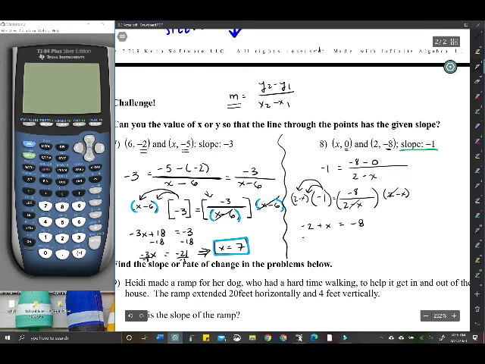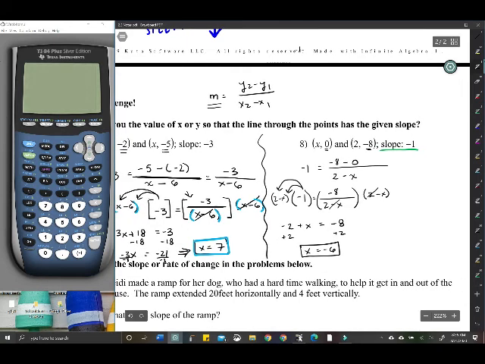And then, if you add the 2 over, we have x is equal to negative 6. Boom. If you ever wanted to check, if you plug negative 6 back into here, and you use our good old slope formula, you shall get negative 1. So you can certainly check your answers.